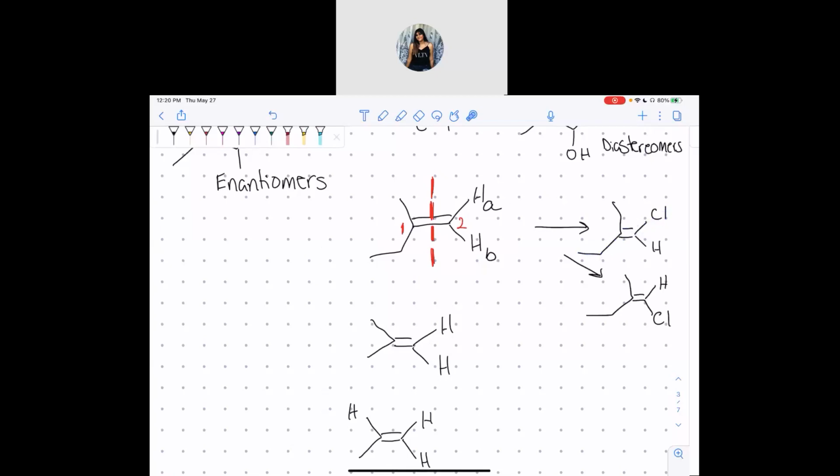Or we can say cis or trans. Trans, exactly, because the priority group is this, priority group is this. And in this case, they will be cis. Can we flip between these two? No, because the double bond is rigid. You can't rotate around a double bond.